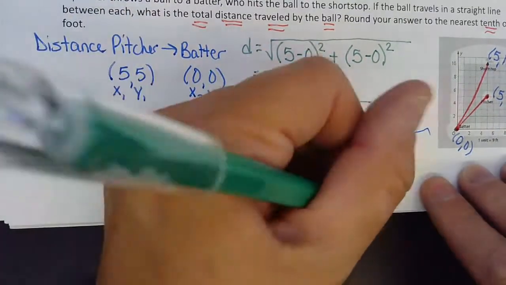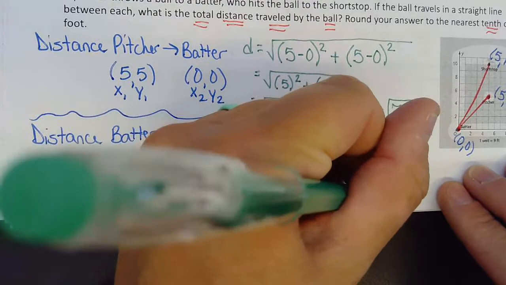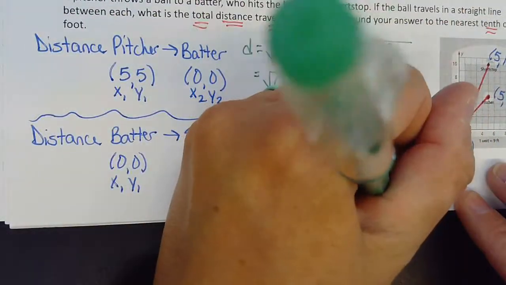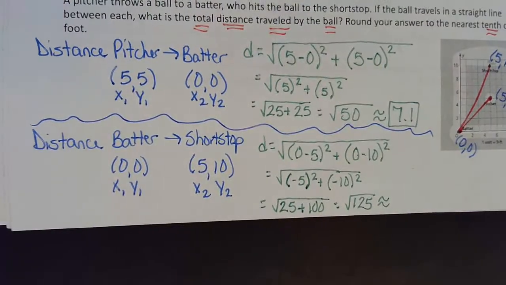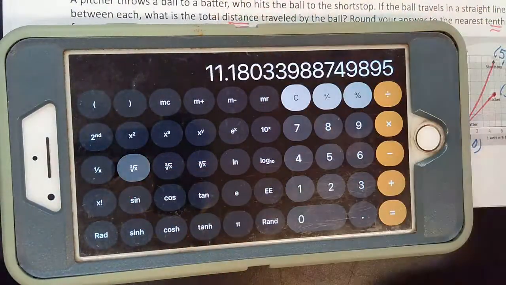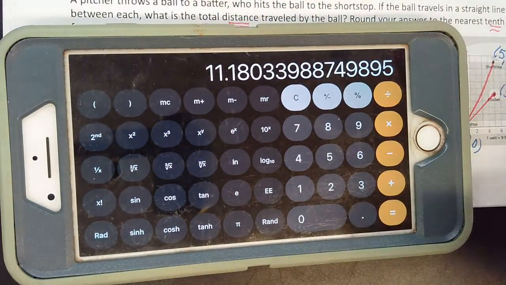Then I add those together. I get 125. And then I have to take the square root of 125. Holy moly. All right, the square root of 125, and I get 11.2.